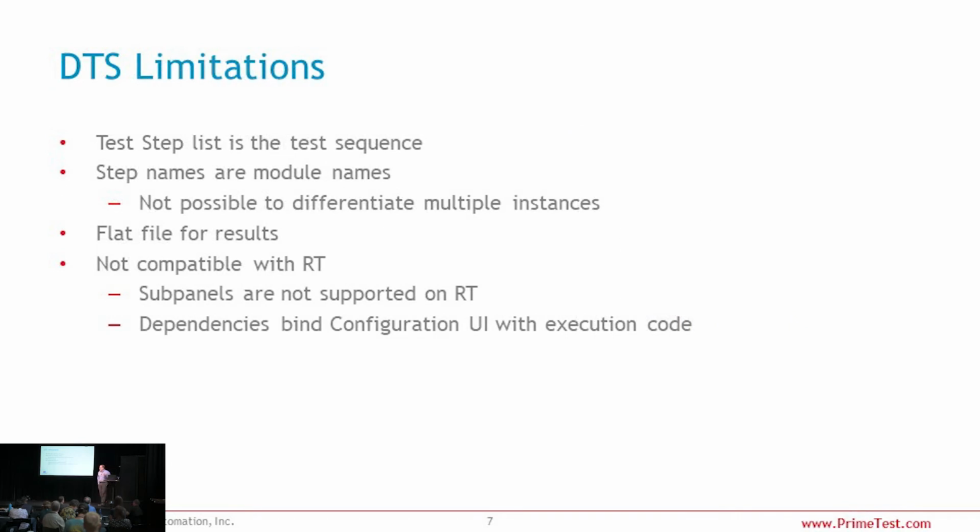But what are the limitations? Some things that we ran into when we went to actually implement this. We're like, okay, well, the test step list is the sequence in that VI that I just showed. And that feels kind of limiting because, if I only want to do these 3 different test steps, 1, 2, 3, I'm fine. But if I want to do 1 and then run step 2 5 times and then do step 3, it doesn't really work.